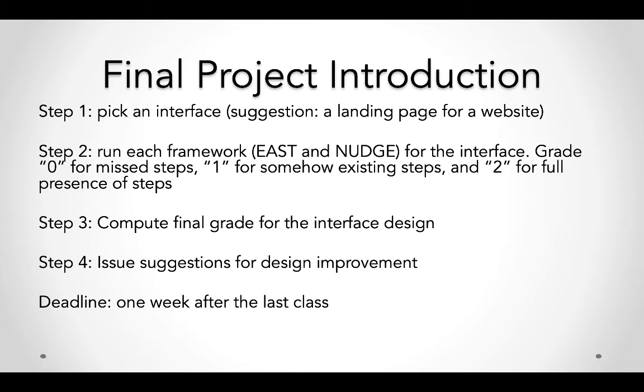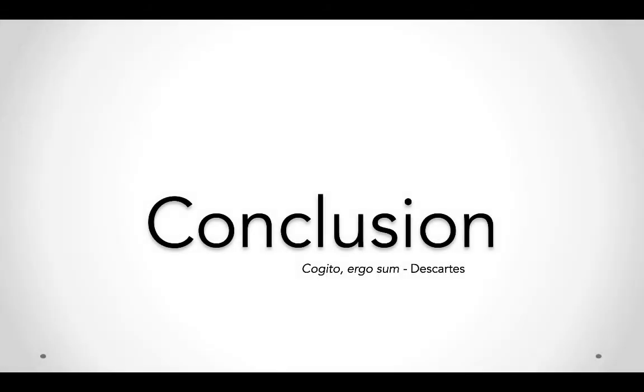The deadline for it is going to be 1 week after the last class, and that will be our final project. In conclusion of this lecture, which was a practical application of the behavioral science principles that we went through in this course, these two frameworks are enough for you to cover most of the behavioral principles out there.